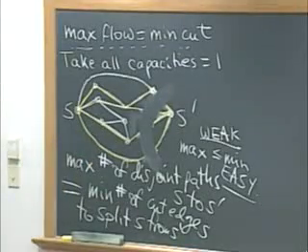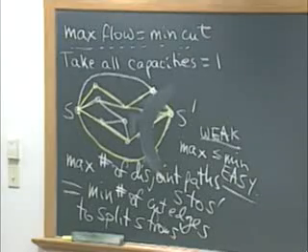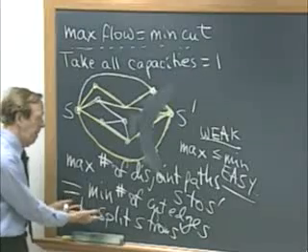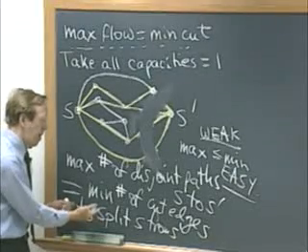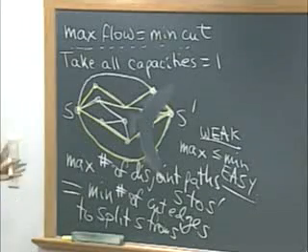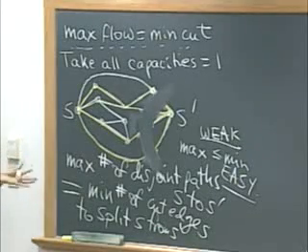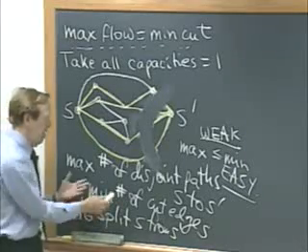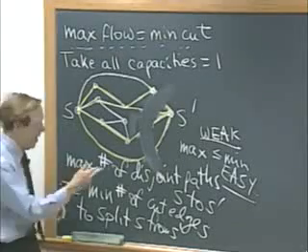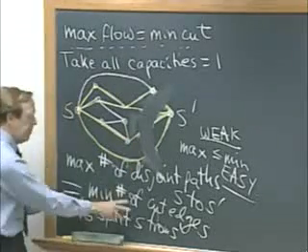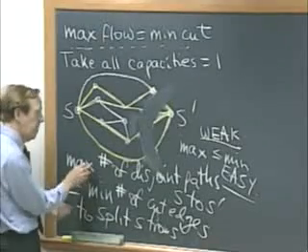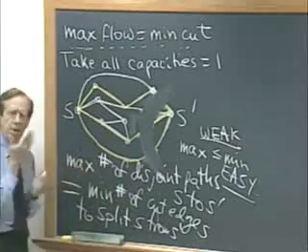Why is that easy? How do I know that if I find any cut, any bunch of edges I could snip through that would separate source from sink, and I count those edges and I get K, how do I know that the number of paths can't be more than K?